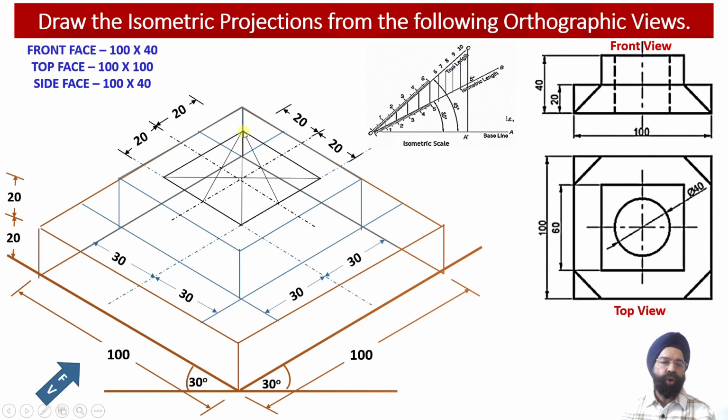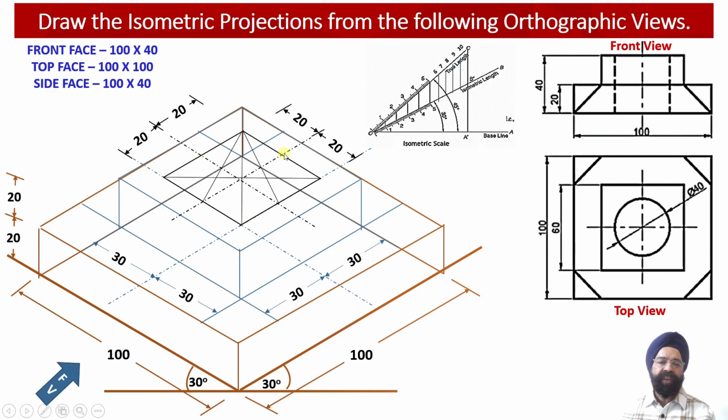Similarly, from this corner of the minor diagonal, another projector we have drawn such that it intersects with the midpoint of the opposite edge. Similarly, from the other side of this minor diagonal, these are two opposite edges. From this corner, we join this midpoint of the opposite edge.